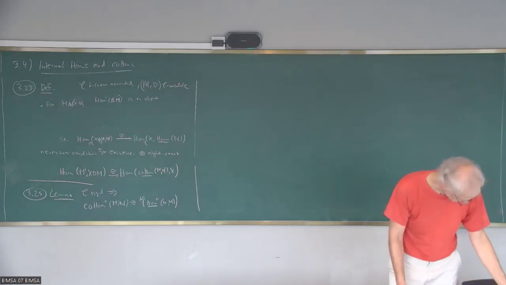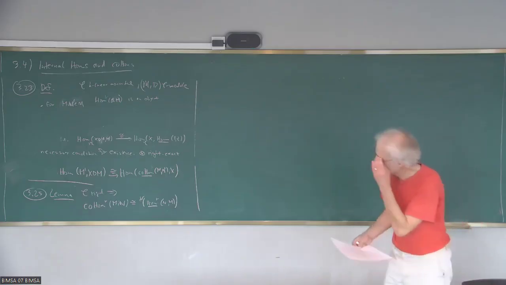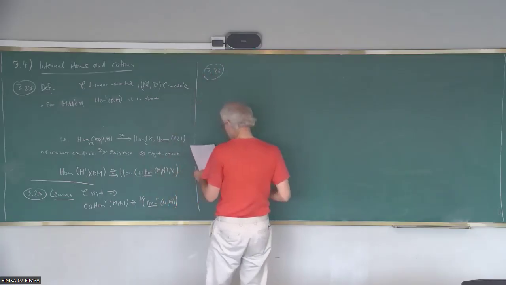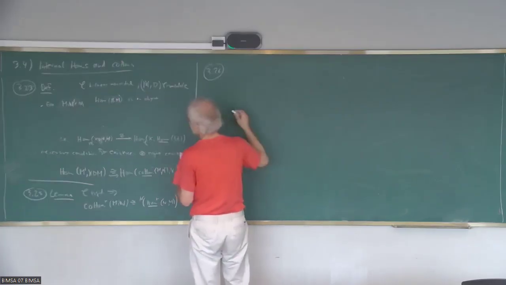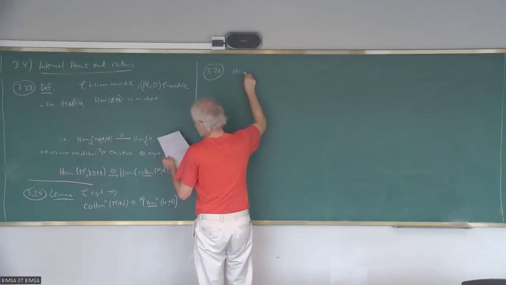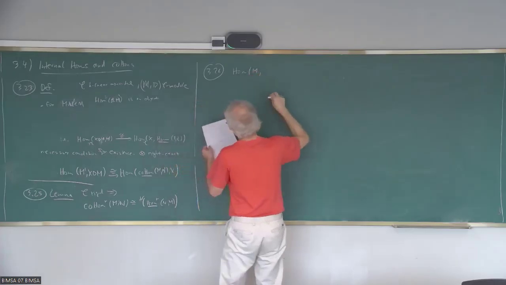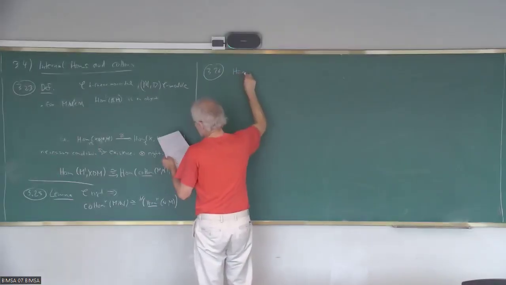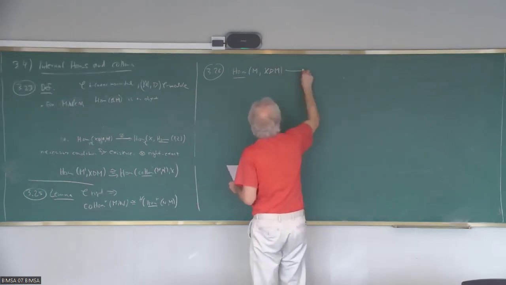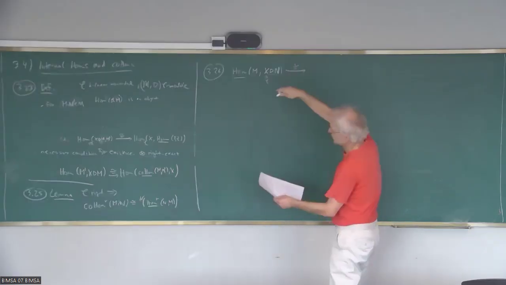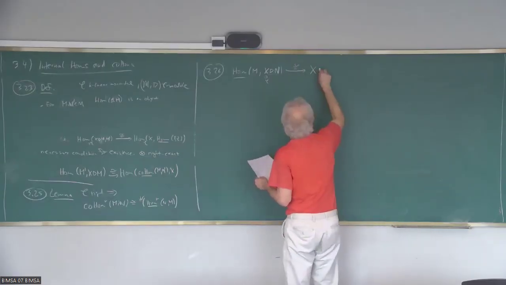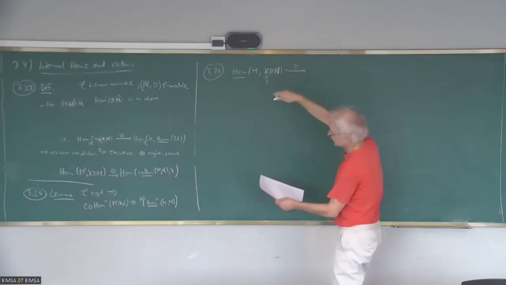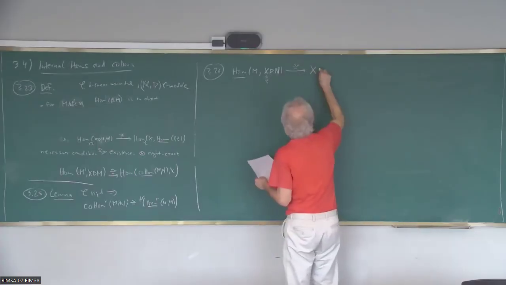Then there are some interesting further properties. One of them is that if I look at the internal Hom, where I act with X in C on one of the variables, then I can take this out of the Hom and get a tensor product with it.